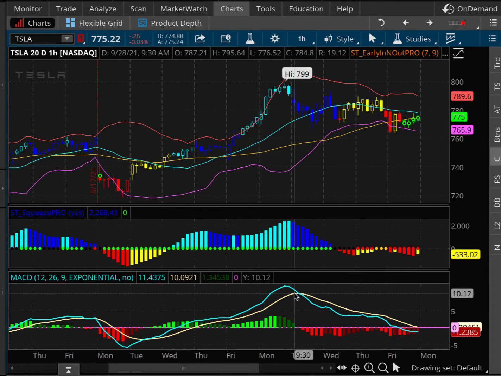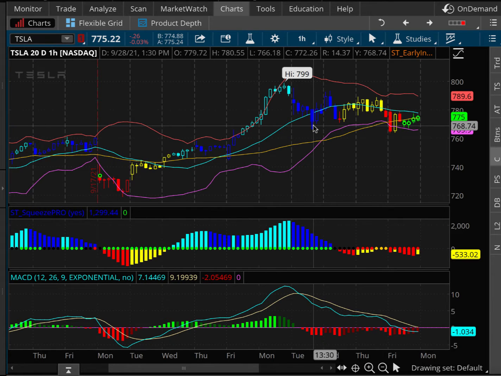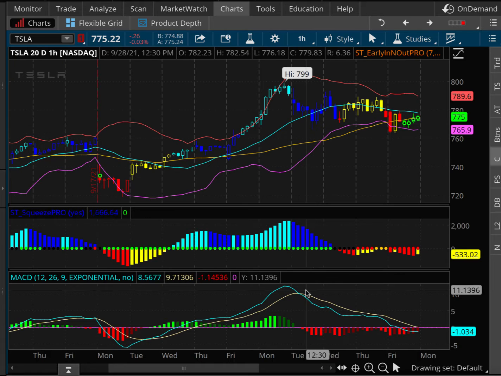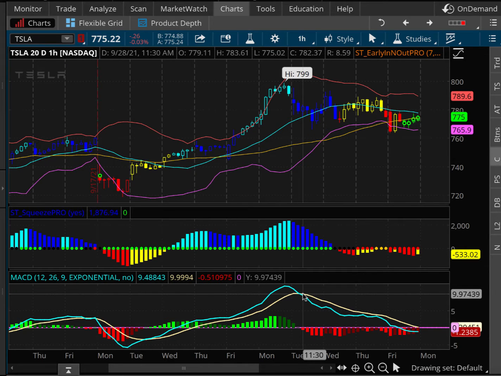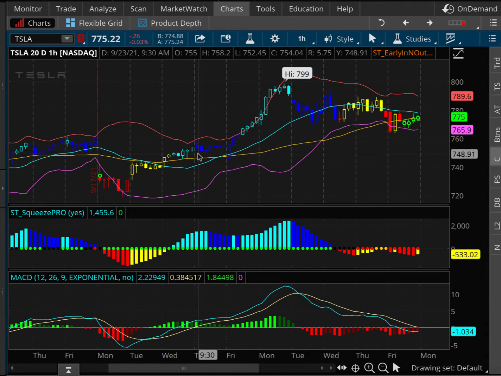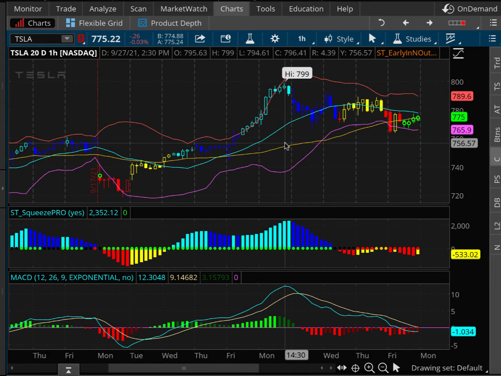A different interpretation is how the price is reacting relative to the MACD. It's important to note that the MACD indicator is called a lagging indicator, meaning that it's responding to past price history and is not predictive.